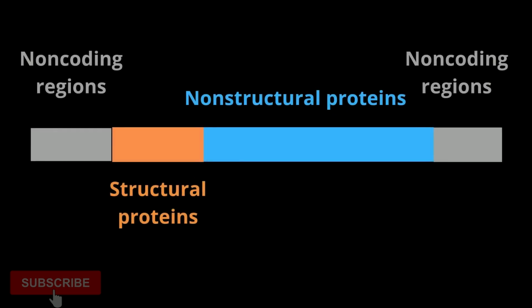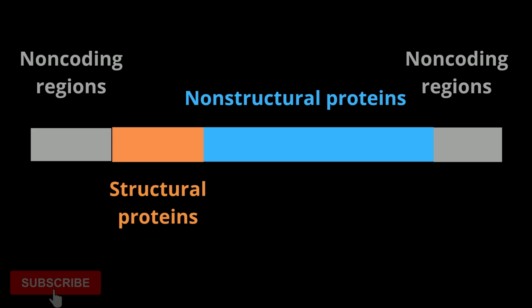Now this is an oversimplified image of the HCV RNA. It's been simplified into one long strip. Now RNA consists of both coding and non-coding regions. Non-coding regions don't translate into proteins, whereas coding regions translate into proteins. As far as coding regions are concerned, there are two different types.